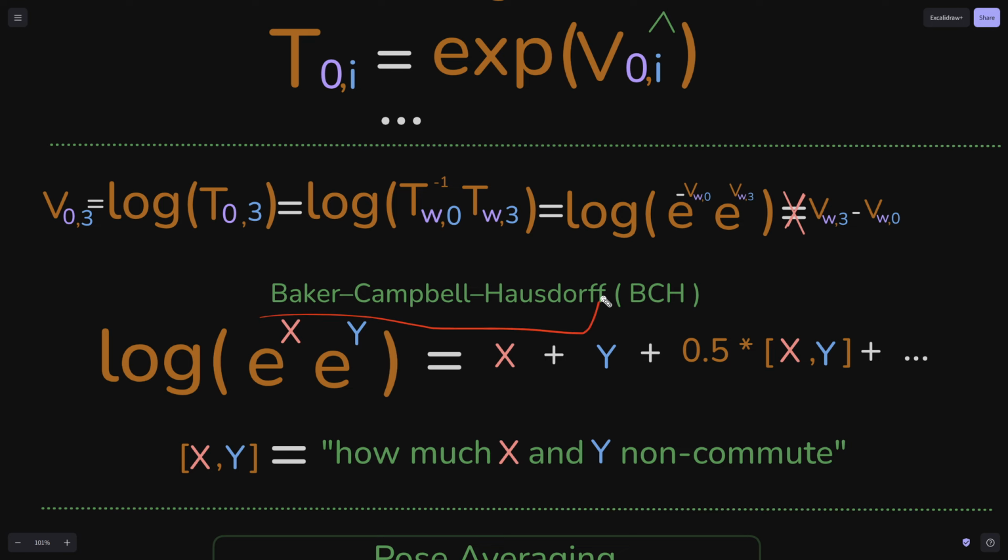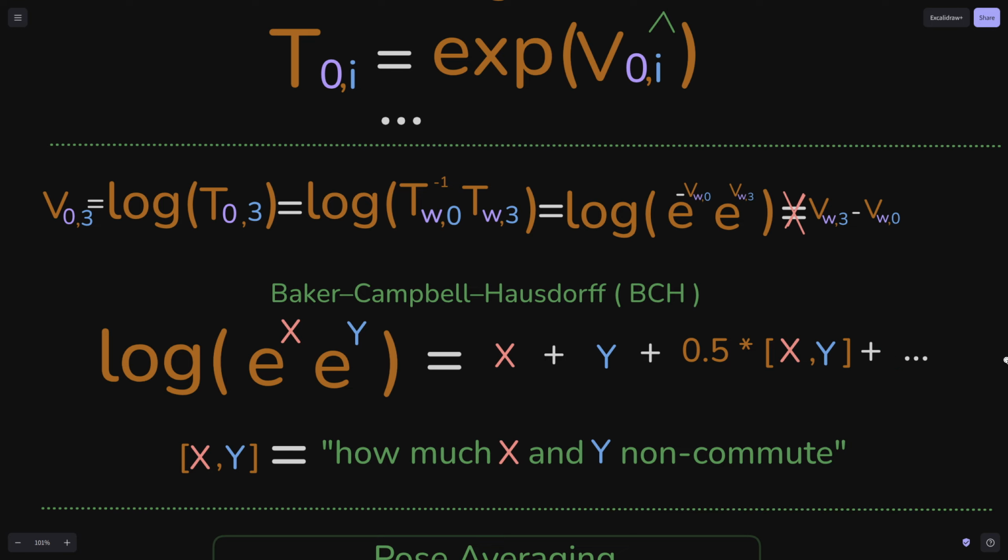And those three guys who studied this very well give us how this works, okay? Usually this is called BCH. So basically, in a compact form, the logarithm of e to the x and e to the y is x plus y plus 1/2 of x, y in brackets. This is basically the commutator, plus a chaining of commutators.